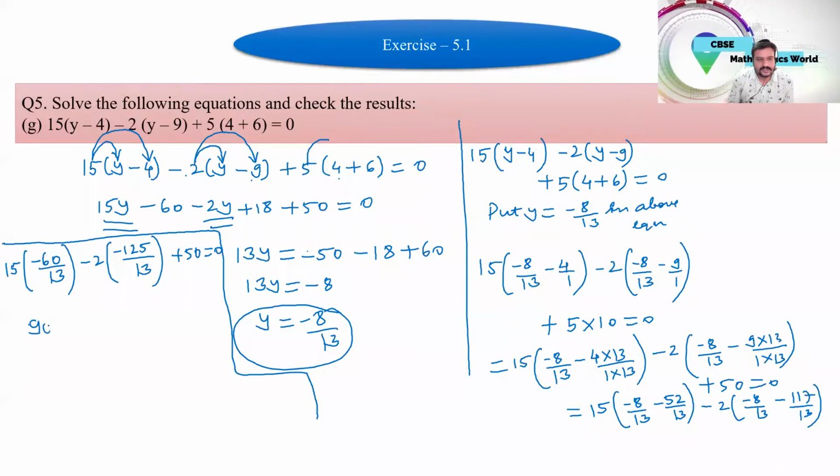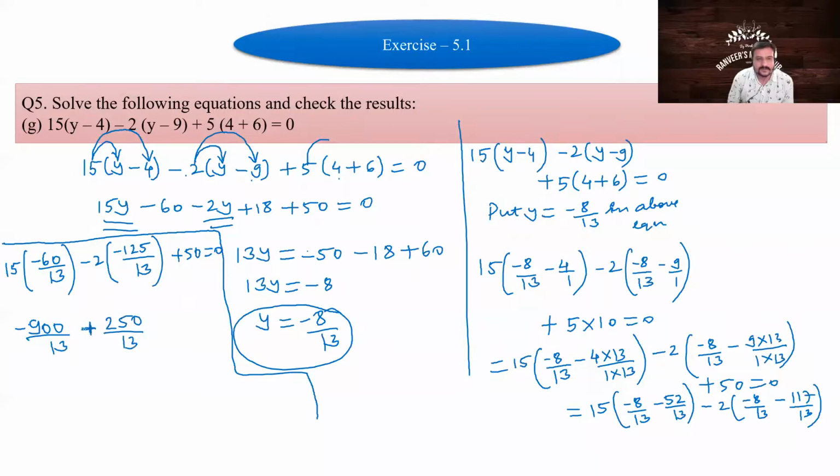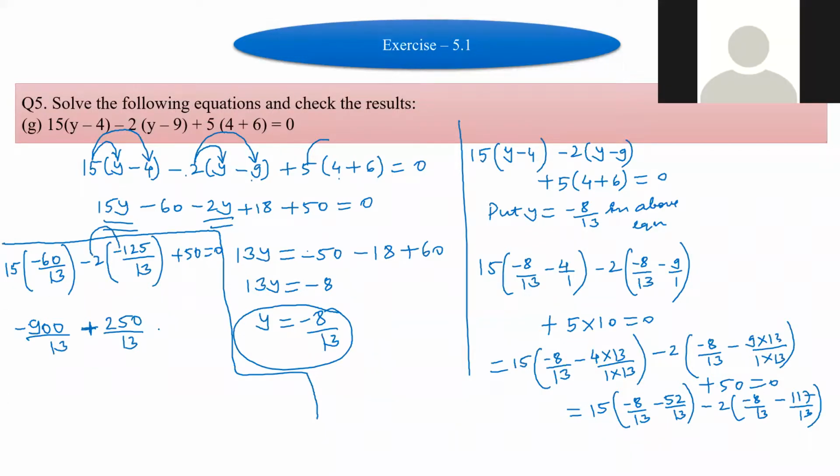So 15 into 60, it will come minus 900 upon 13. Then minus 2 into minus 125 upon 13. This will become plus, because minus into minus is plus. Then we will write plus 50 is equal to 0.